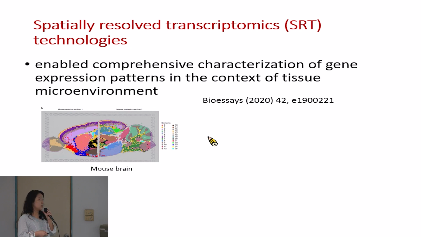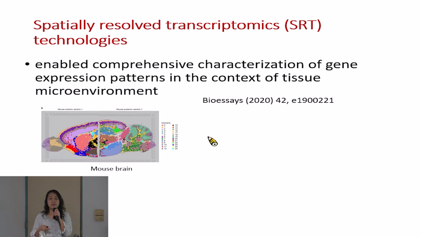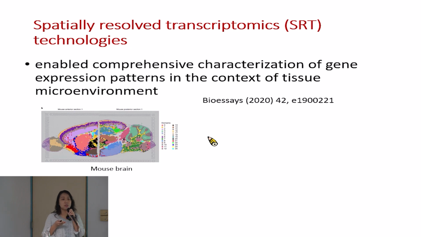This figure shows a slice of mouse brain, and you can see the gene expression profiling, which was divided into several domains. These domains can show different gene expression, and through the histology gene expression, we also can find the specific cells which are located in which area.